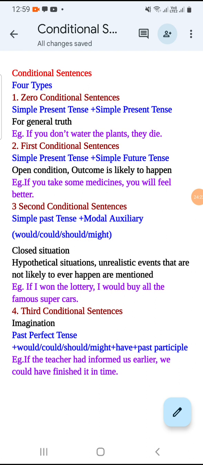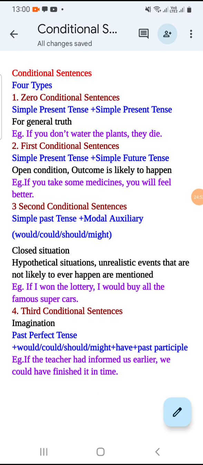If I had worked harder, I would have passed the exam. However, I did not work hard and I did not pass the exam. It's already done. That is just imagination, right? Another example. If I had known you were coming, I would have baked a cake, but that's just a hypothetical situation, right?